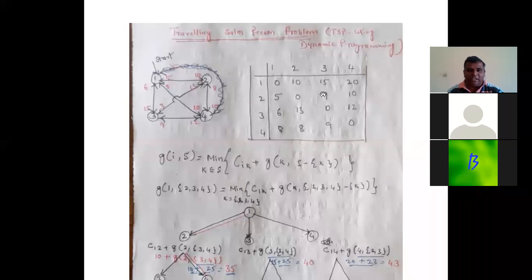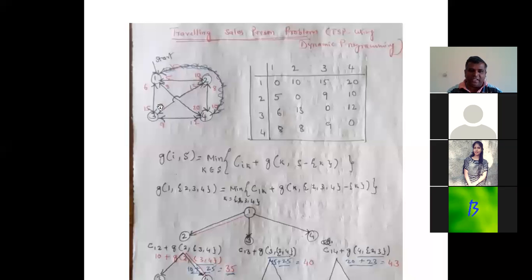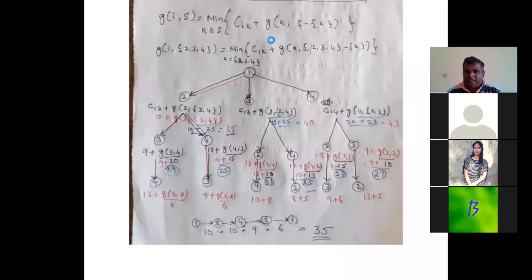Okay, so now take 9. I made a mistake, this is 9. I will change this value. 2 to 3 is 9.